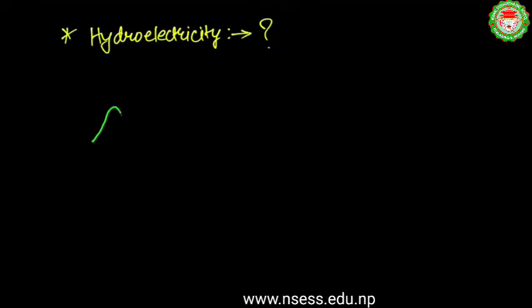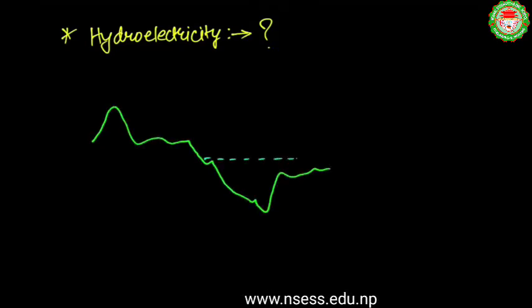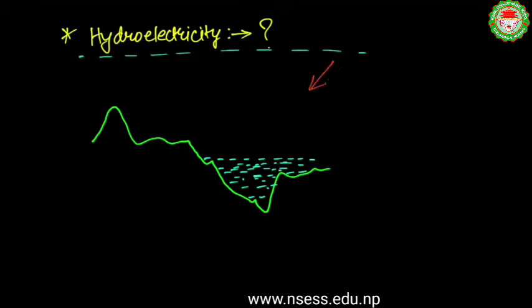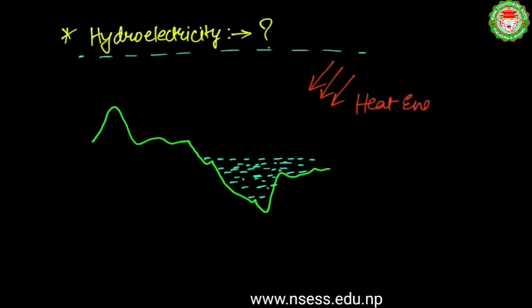How electricity is generated from water, we can see here. We have different land topography on the surface of the earth, and the water is reserved here at a certain height. These are the sources of water. Now the heat coming from the sun reaches the surface of the earth, both on land as well as in water.